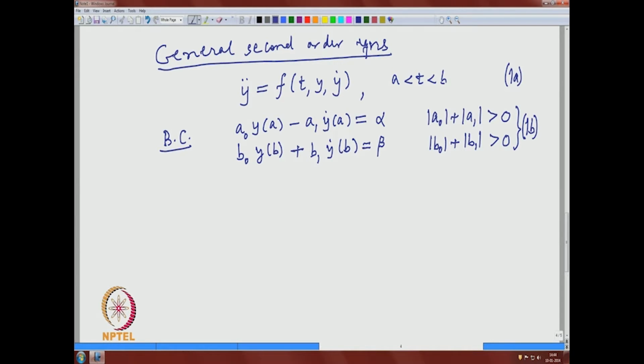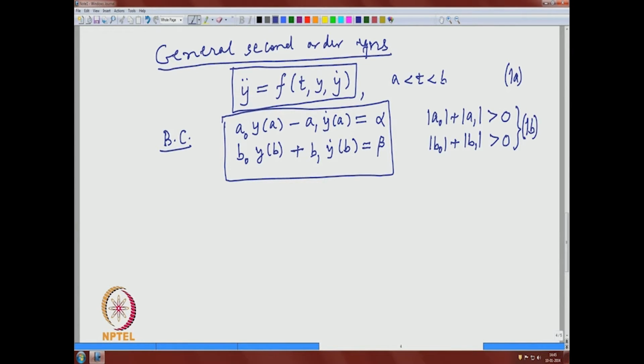That means, we want a function y to be determined which is two times continuously differentiable and satisfies this given differential equation and these boundary conditions at the end points a and b.